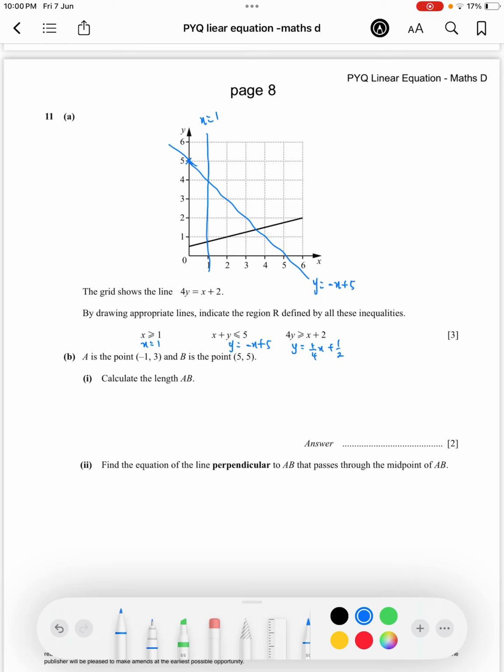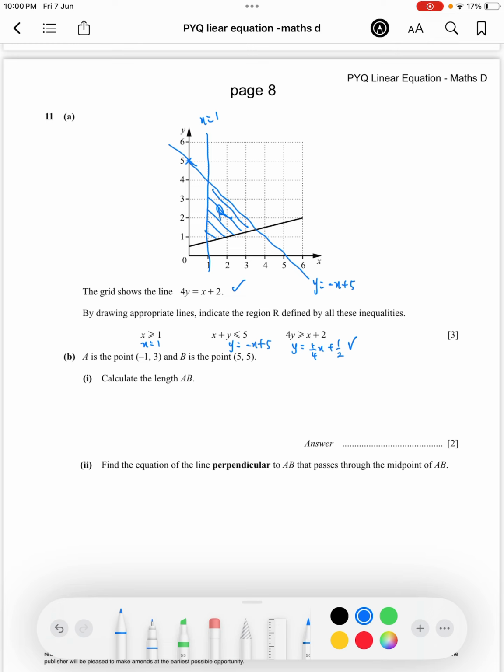And then, this one is already given, no need to do that. Okay, so x greater than 1, less than 5. So this is the region R. Label it as R.